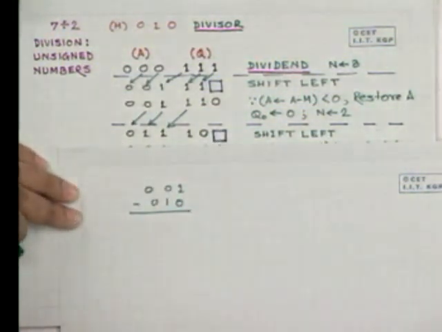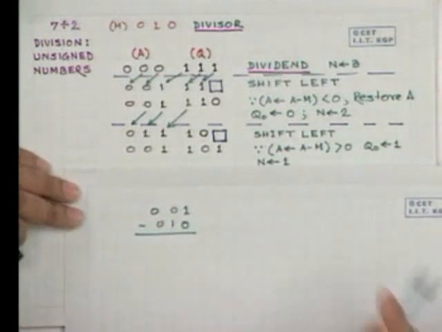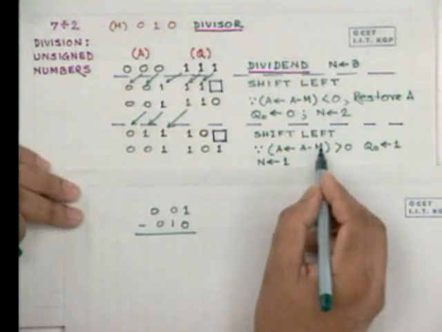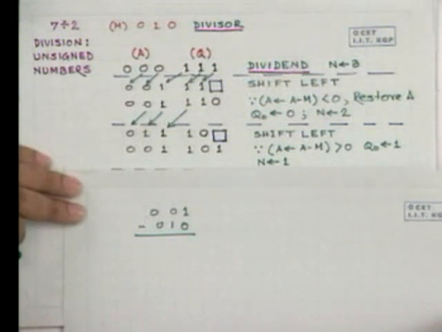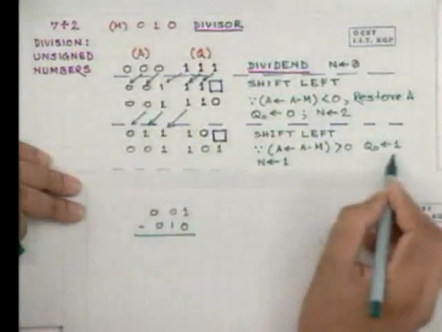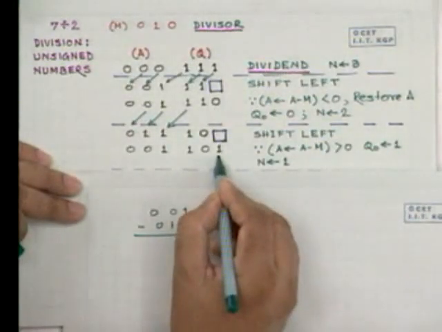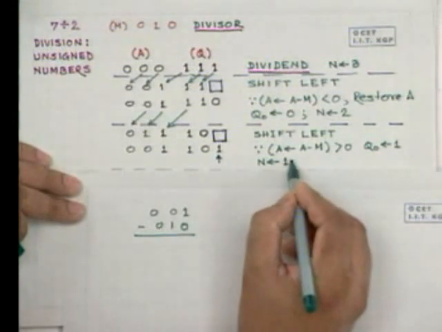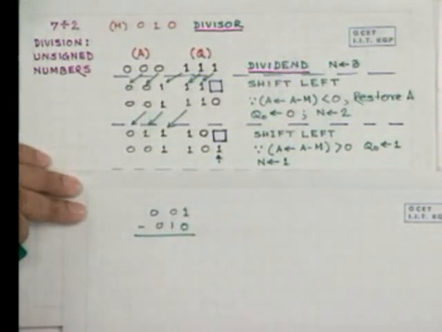This bit has to be decided, and once more we do the operation of A minus M. You see, now if we do that A minus M, the result is greater than 0, and therefore Q0 comes as 1 here, and count is reduced to 1.